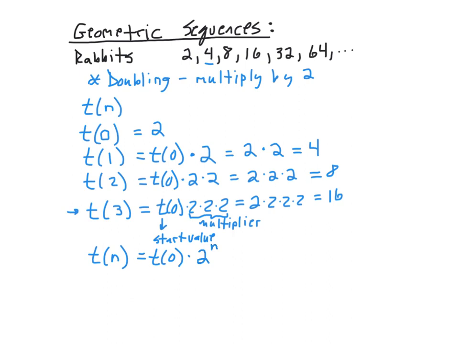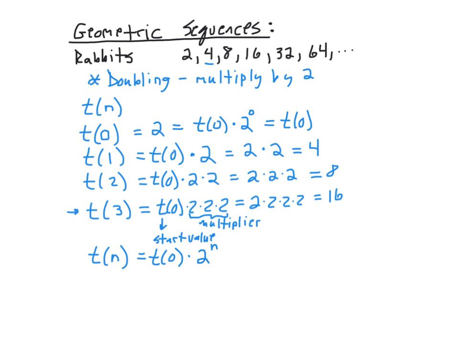And so really, all of these could be written in that same way. For example, t of 0 is equal to t of 0 times my multiplier 2 to the 0 power. But I already know what 2 to the 0 power is. It's 1. And so I'd end up with just t of 0, which we already knew is 2.